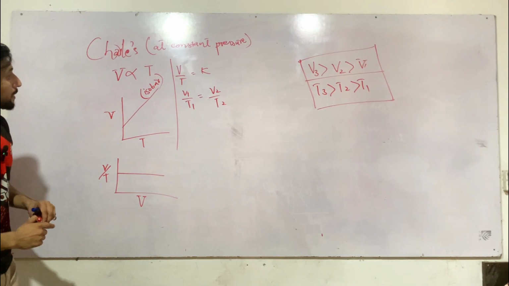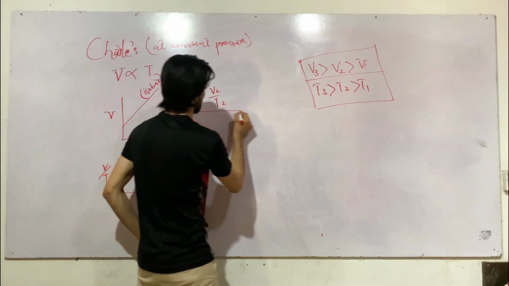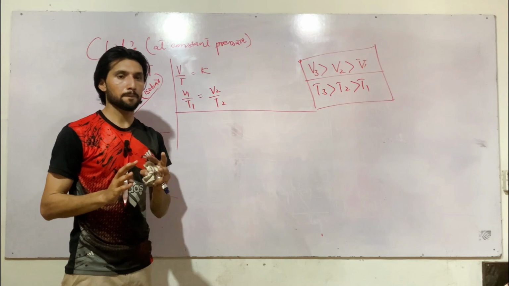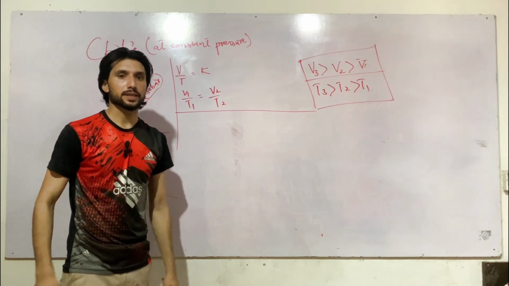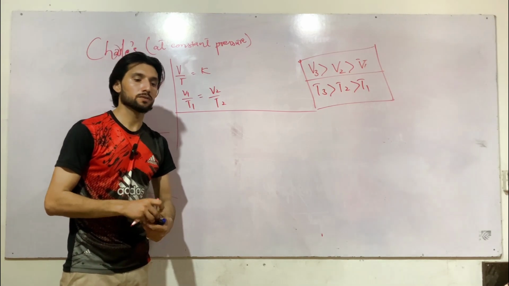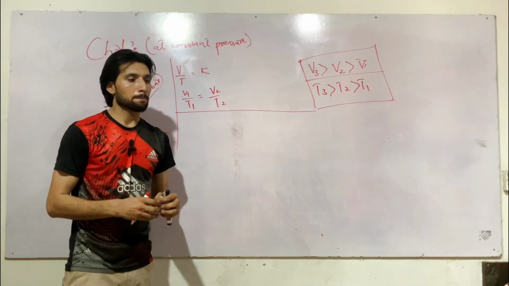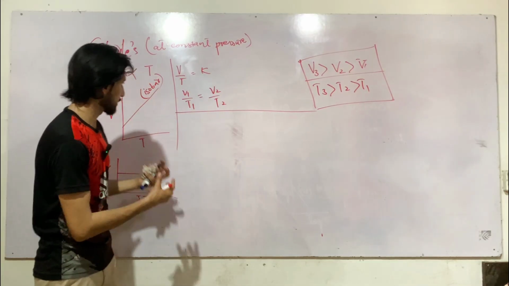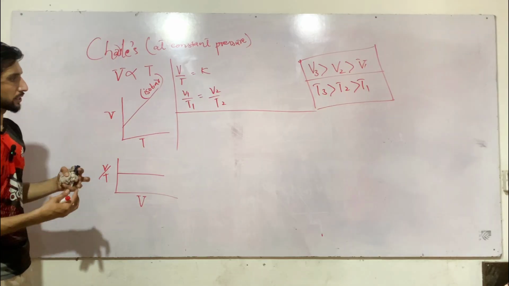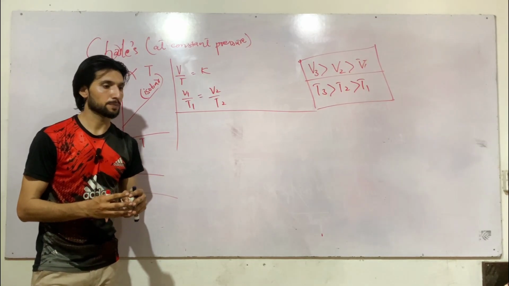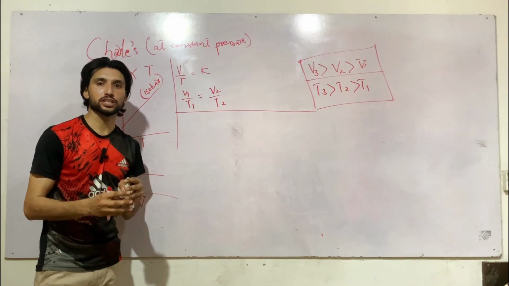Very easy. But Charles' observations were then worked on by Kelvin, though he was very involved in the Carnot cycle and Clausius. But the same observation is the expansion or compression of the gas with respect to temperature change.